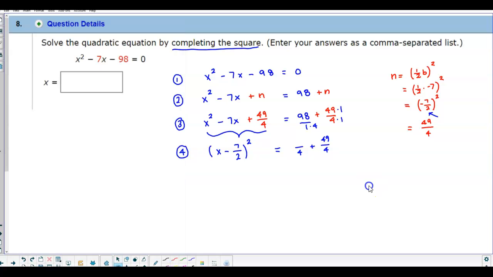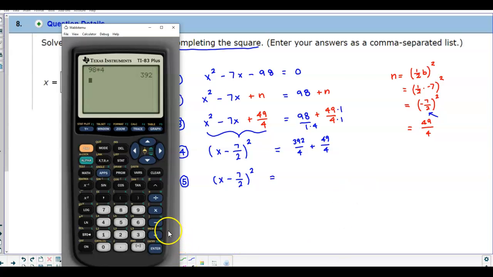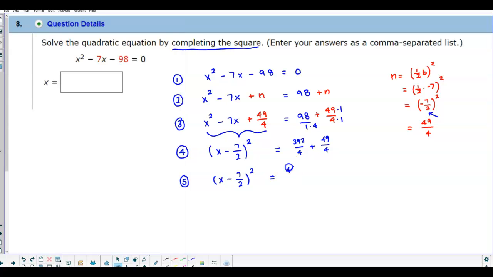And that gives you 392. So now we're going to add the right side of the equation. So we have x minus 7 over 2 squared. Okay, and then we have 392 plus 49, which is going to equal 441 over 4.